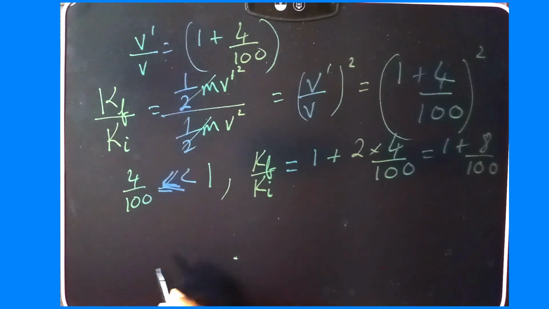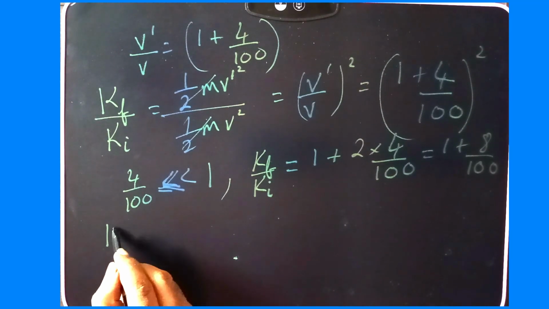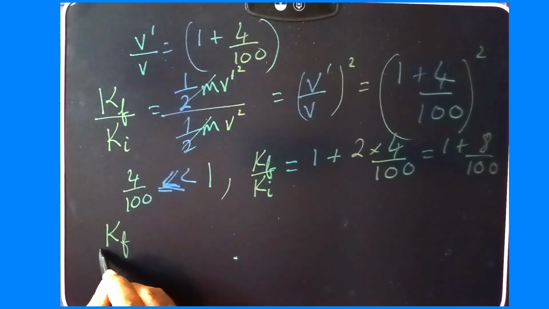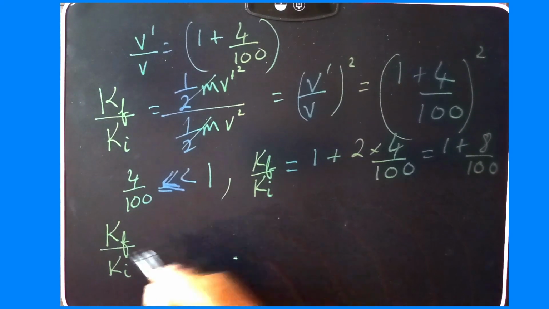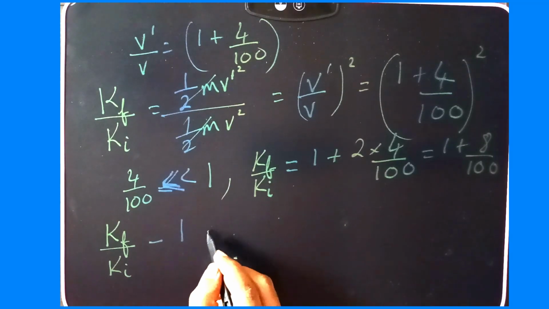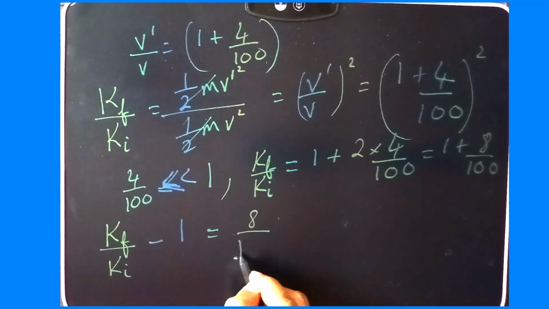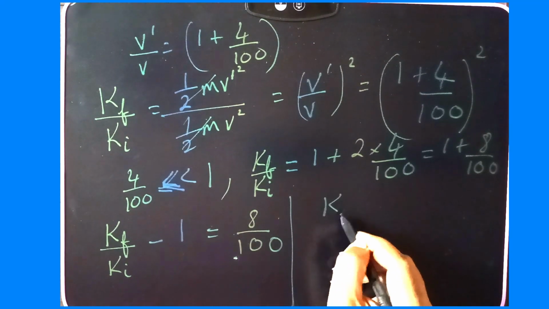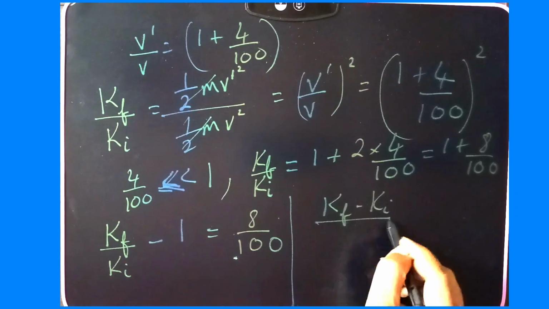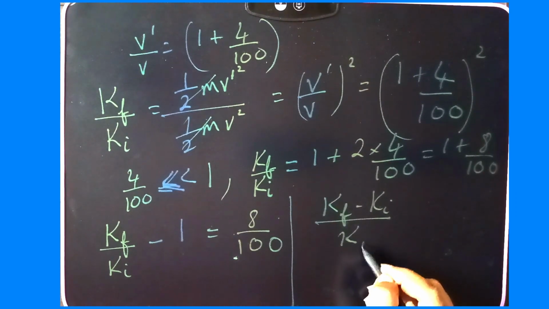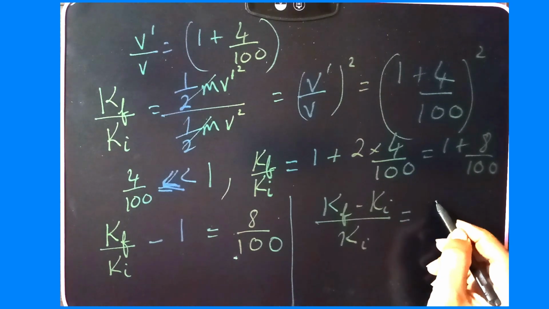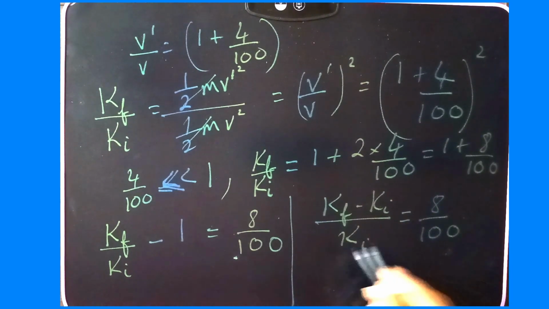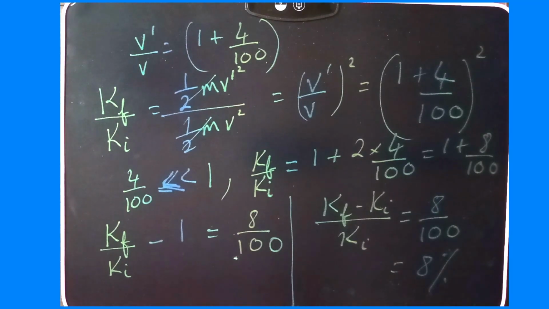To identify the change, you take this 1 to this side, you get kf divided by ki minus 1 equal to 8 by 100. Then this can be written as kf minus ki divided by ki is equal to 8 by 100. So the change is 8%.